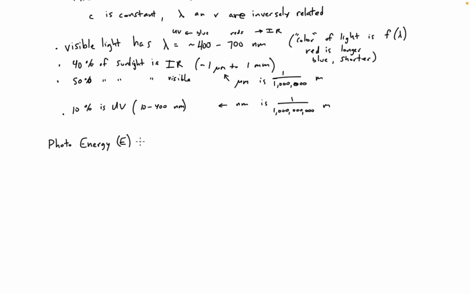we'll call that energy E, is equal to a constant called Planck's constant times the frequency. Or if we use the equation from above, the Planck's constant times the speed of light, which is also a constant, divided by the wavelength.